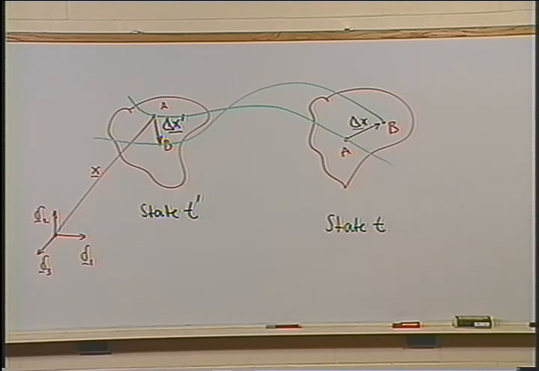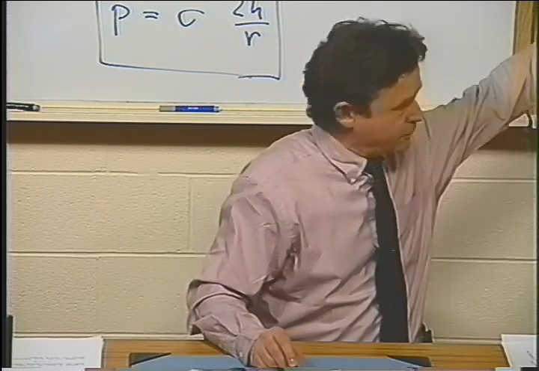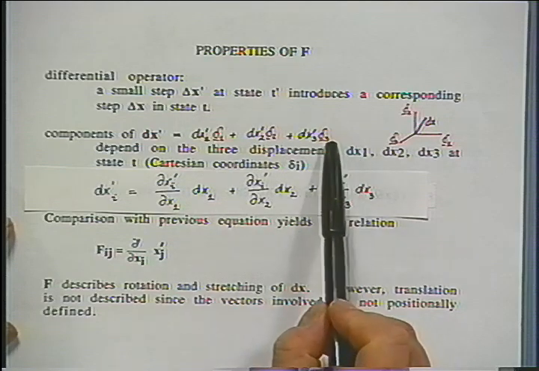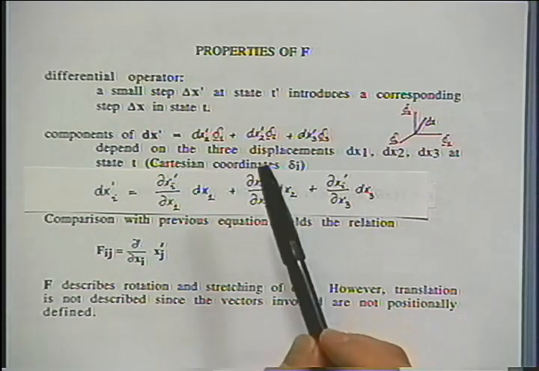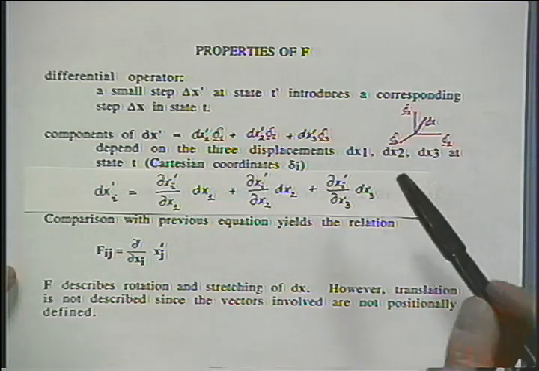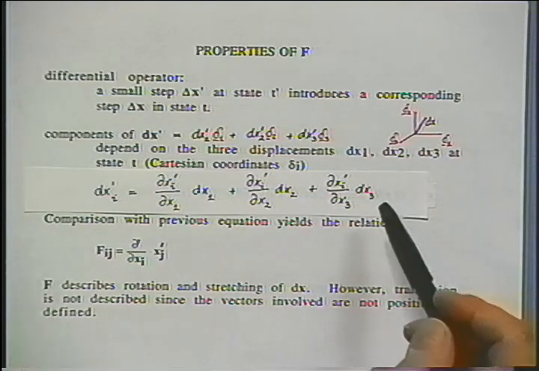Okay, so we would say dx prime here in the first state has three components in a coordinate system. Each of those components in the 1, 2, or 3 direction depends on the choice in the second state, t prime.